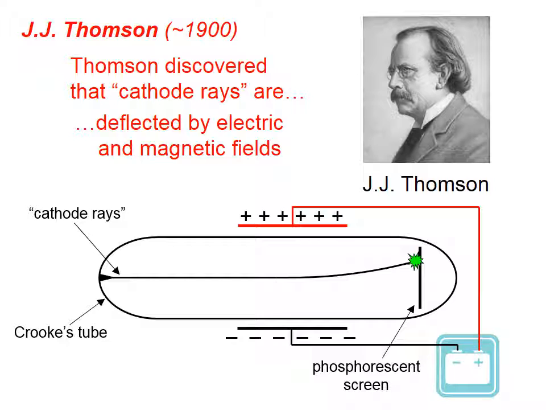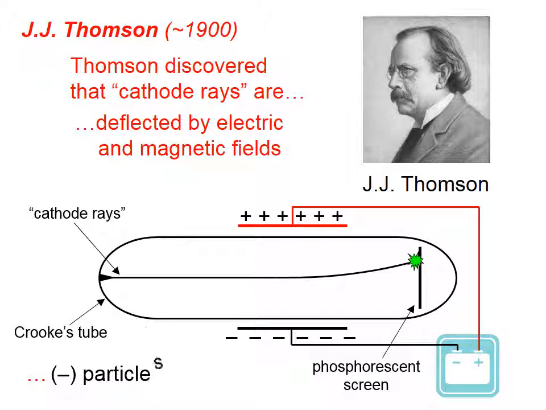So, J.J. figured out that these aren't rays like light, they're actually particles. And based on the way they deflected, he figured out the charge on those particles. You can see here that those particles, as they're going to the right here, are kind of pulled towards the positive and pushed away from the negative plate.